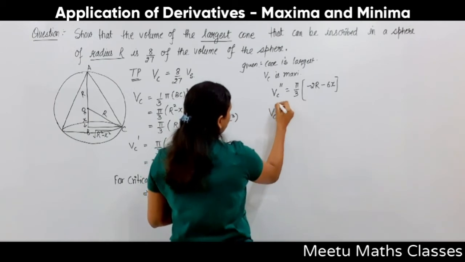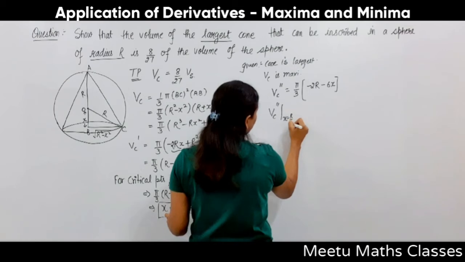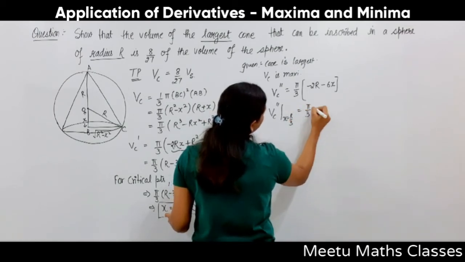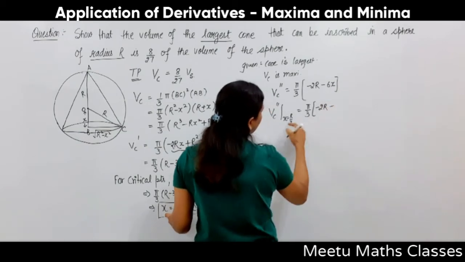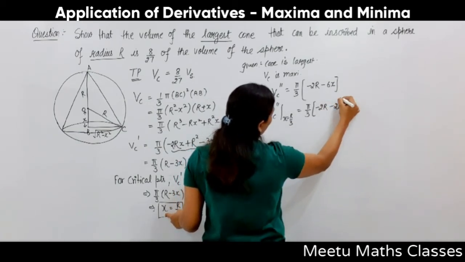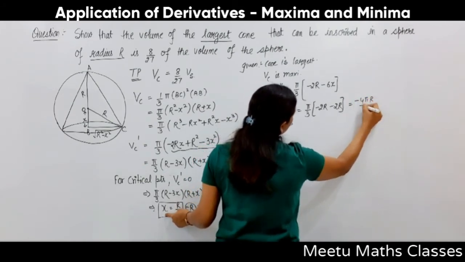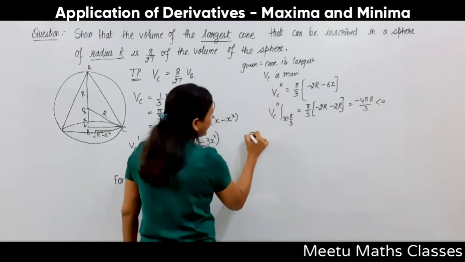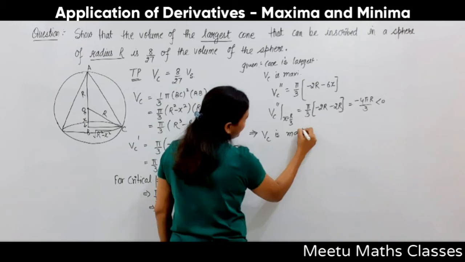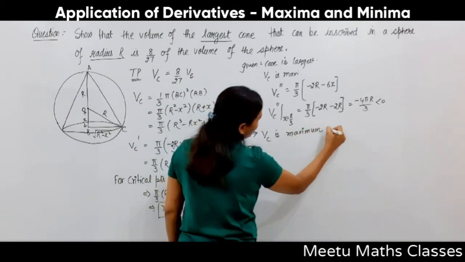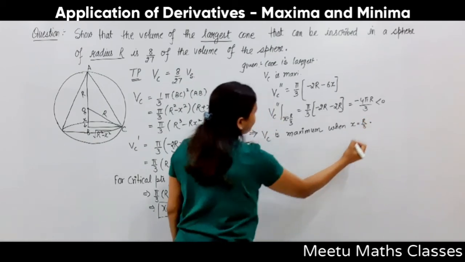So the second derivative at x equals r by 3 will be minus 2r, and this is again minus 2r, and this will be minus 4 pi r upon 3, which is negative. That implies the volume of the cone is maximum when x equals r by 3.